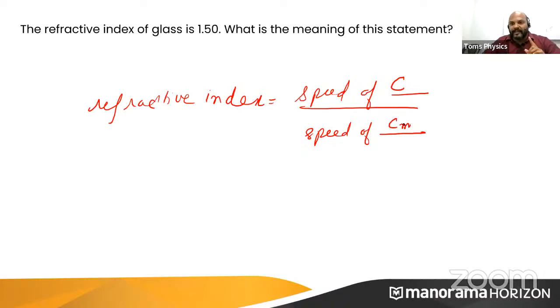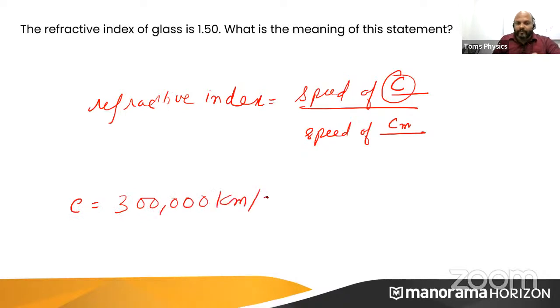Who will give me the speed of light in a vacuum? What is this speed that we denote as small c? What is this equal to? Is this correct? Okay, Prarthana, what is the unit for that?